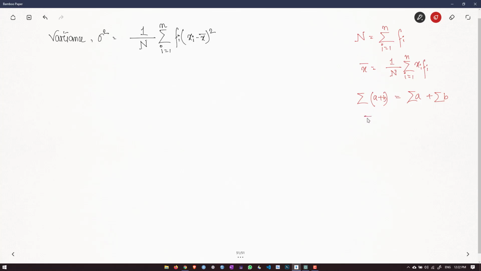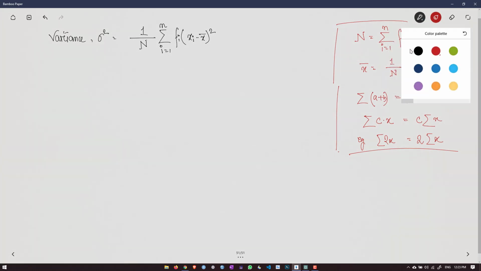And the last property is, if you have a constant c into x, then the constant can be written outside. C is a constant. For example, if you have 2 times x, then we can write 2 summation x, because 2 is a constant. So these are some properties that we will use while simplifying this formula.